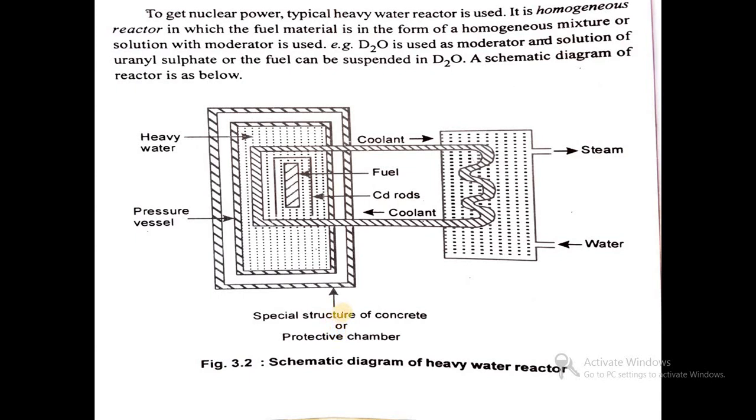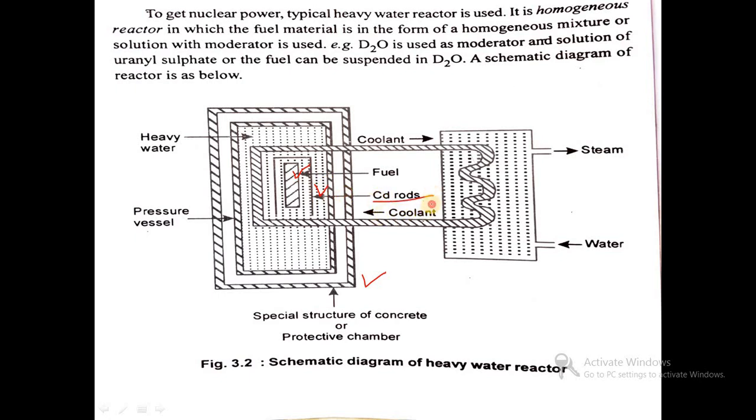Initially there is a special structure of concrete, a protective chamber surrounding this, and inside there is a fuel, maybe uranium 235 or plutonium 239. Then on the outer side there are cadmium rods.